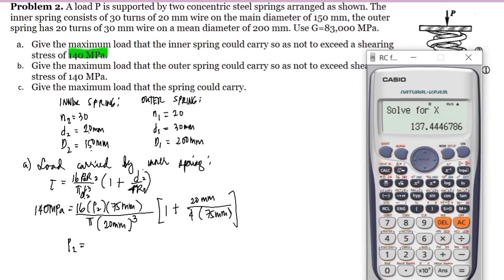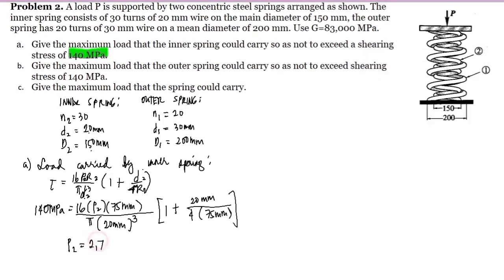Shift solve equals, and that would give us 2,748.89 Newton. If the choices are in whole numbers, we could approximate this to 2,749 Newton, and this is our answer.